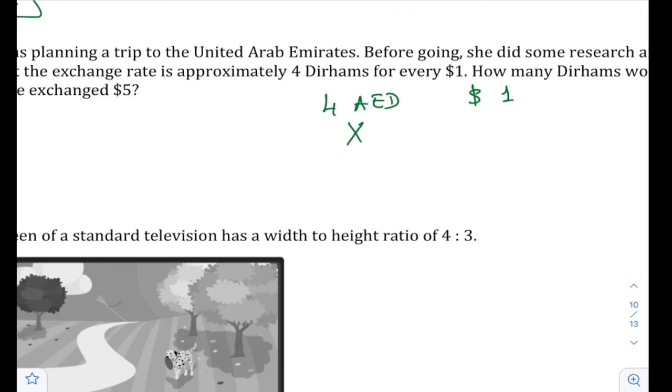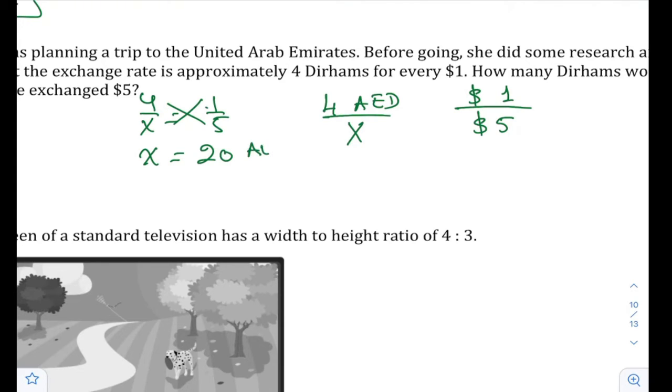We don't know how much she would get if she exchanged $5. We can write it as a proportion, by the way. You can say like this, 4 over x is 1 over 5, and then x times 1, x, 4 times 5 is 20 dirhams. You can do it mentally as well.